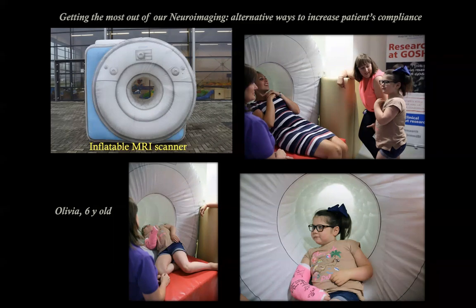So basically, you will show the child not only how lying in an MR looks like, but also in this case, she will be used to the noise of MR.